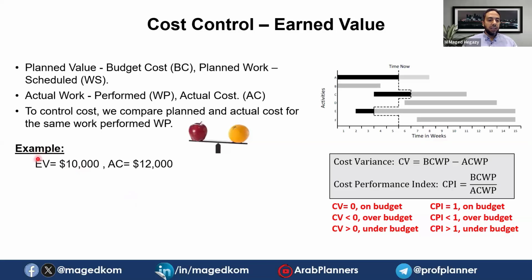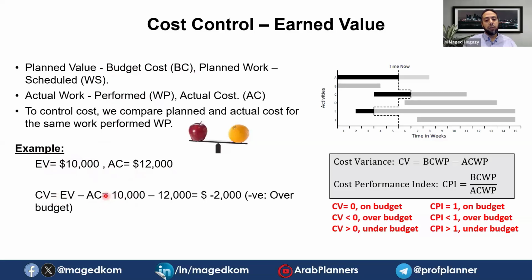Here, this is an example with values. Earned value is 10,000. It means that this work performed was planned to spend from the budget $10,000, while actually the actual cost is $12,000. Here the cost variance will be earned value minus actual cost.